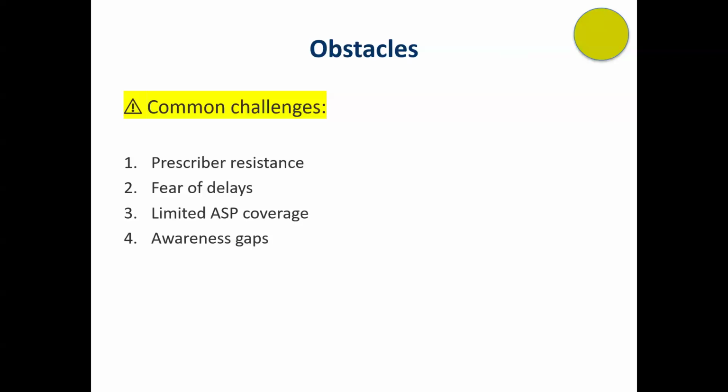So there is a fear of delay, and also there is prescriber resistance. Prescriber resistance is usually overcome by hiring someone who is also a prescriber or a physician, that is responsible for the approval.